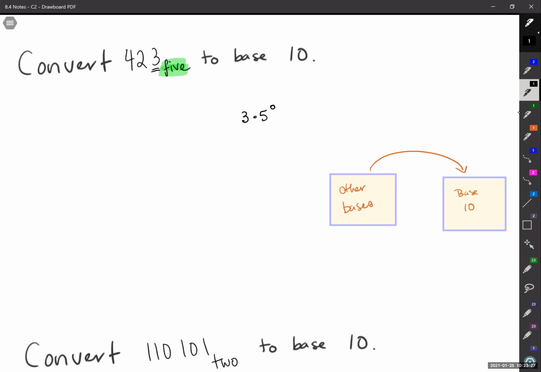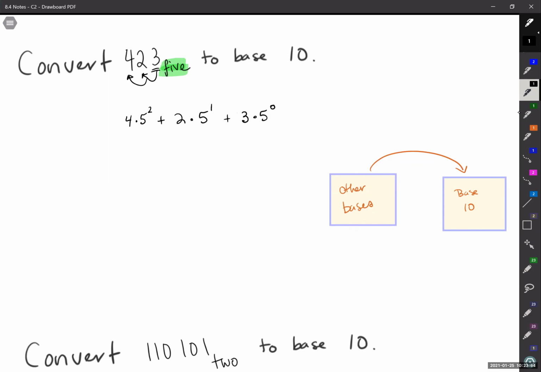Do we see why I'm using the 5? Good. And then as you go over, you just add that next digit times the base that we were mentioning, base 5, except the exponent increments by 1 as you move over. Plus 4 times 5 to the second.